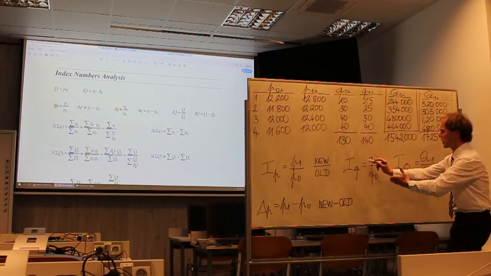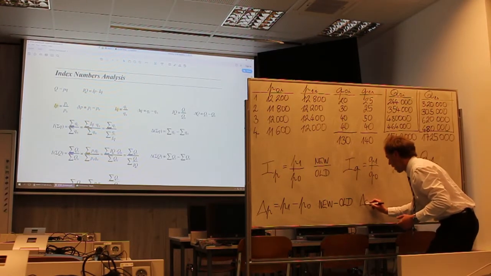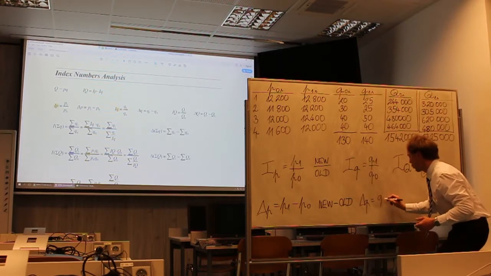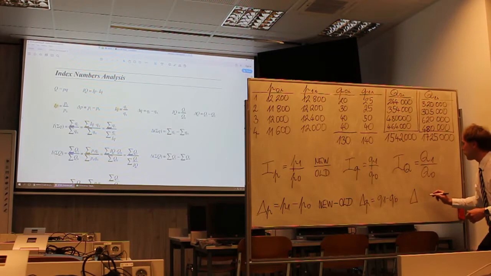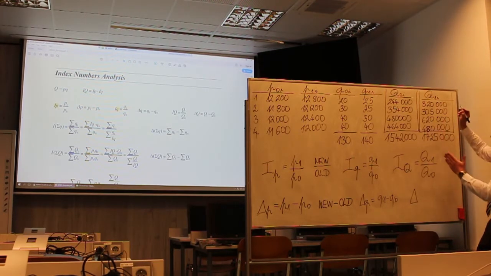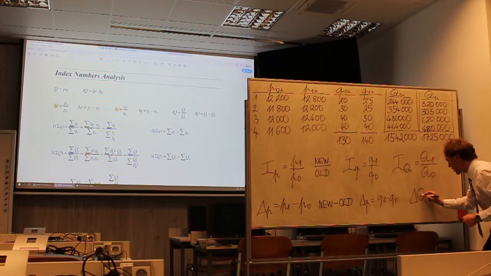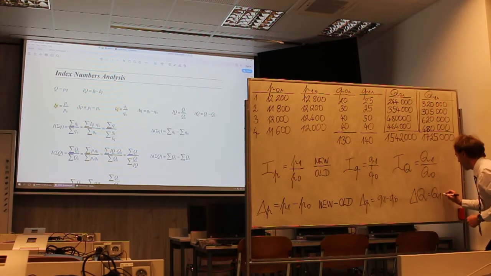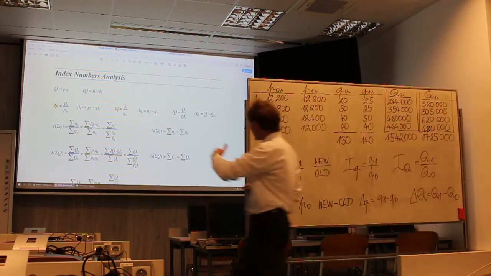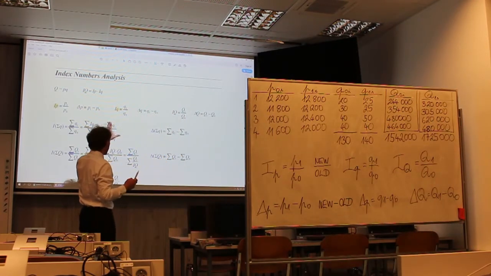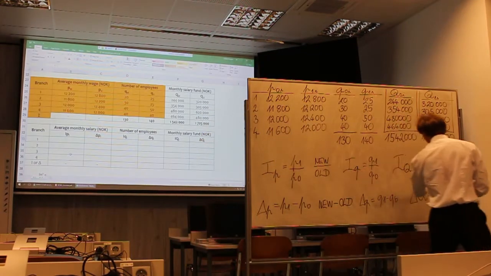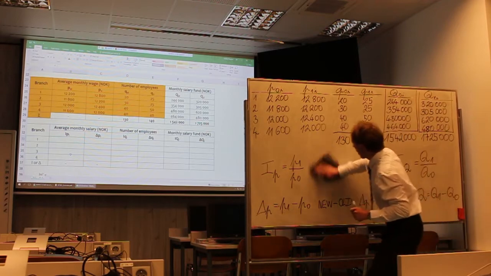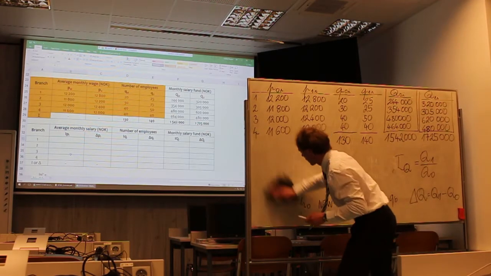So for the situation of quantity, delta quantity is Q1 minus Q0, and delta for sum of money, monthly salary fund, is capital Q1 minus capital Q0, new minus old. So we need new table, and we will calculate these indices and absolute differences. So I will delete these formulas from the whiteboard.